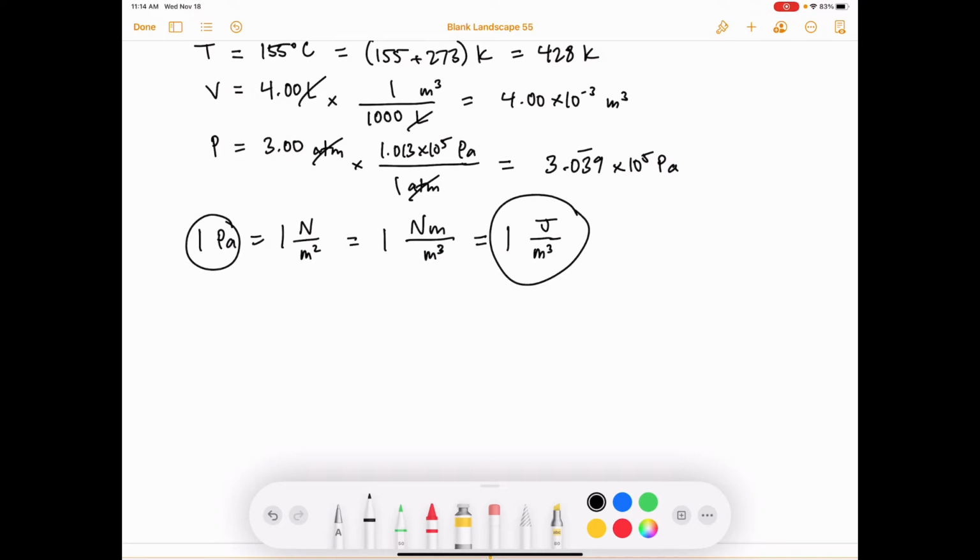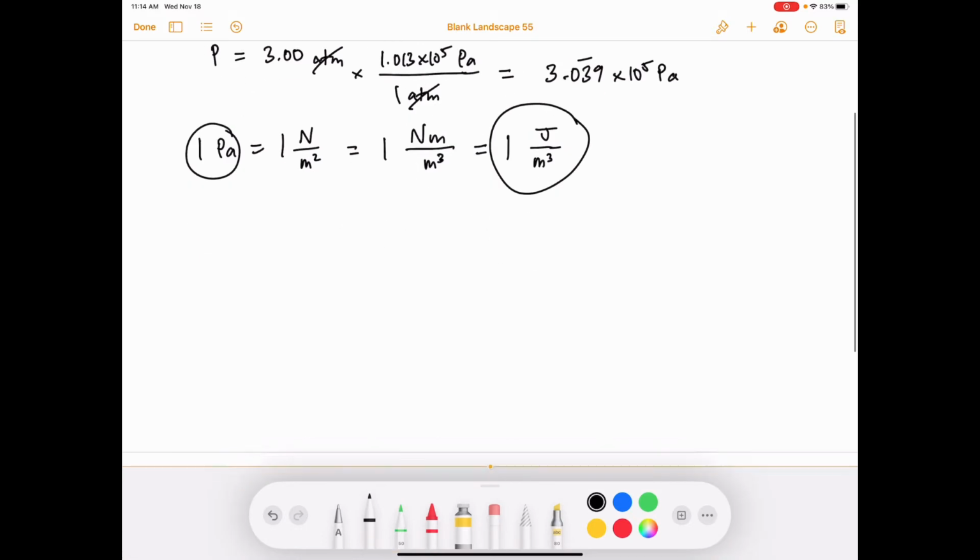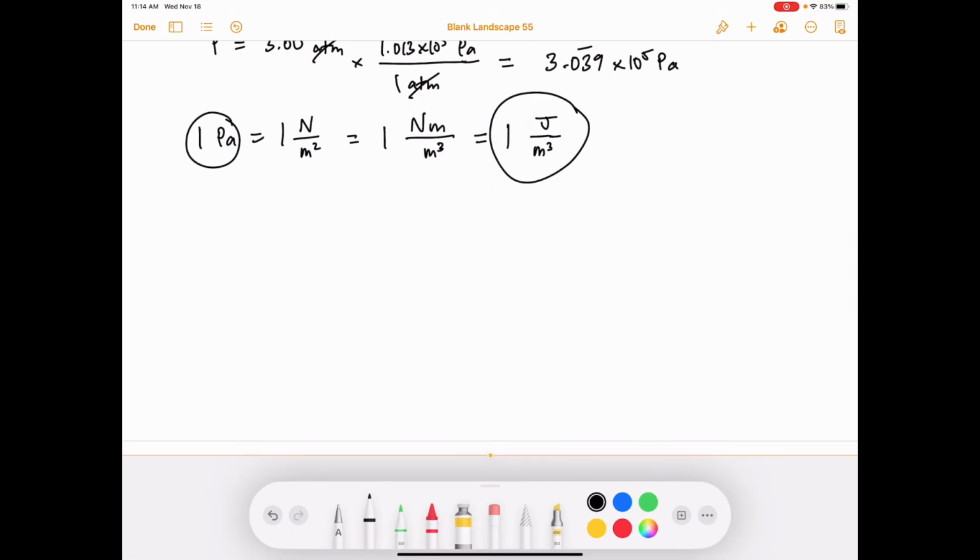Okay? So this is going to come into play when we actually plug the numbers in, because again, N is equal to PV divided by KT. So the pressure is 3.039 times 10 to the 5 pascals, but I'm going to write this as joules per cubic meter.